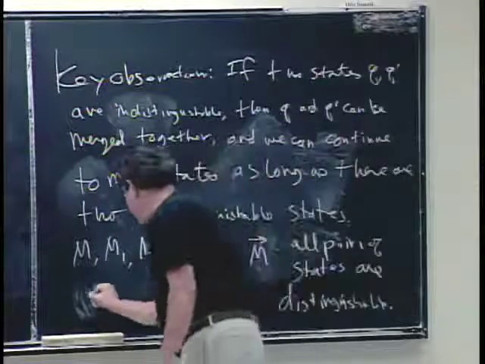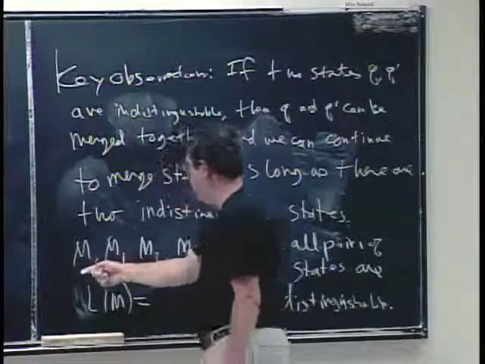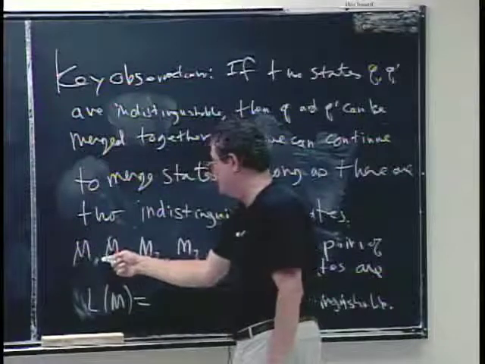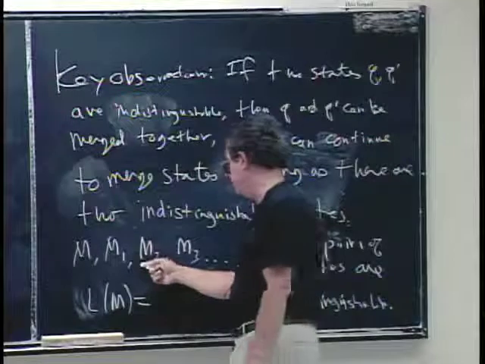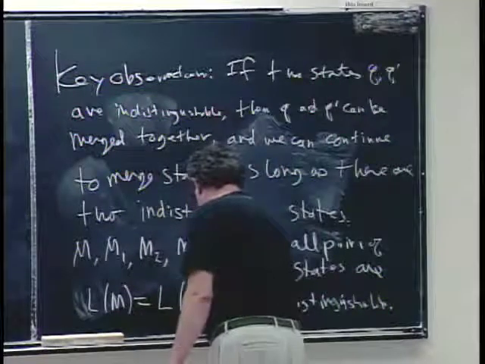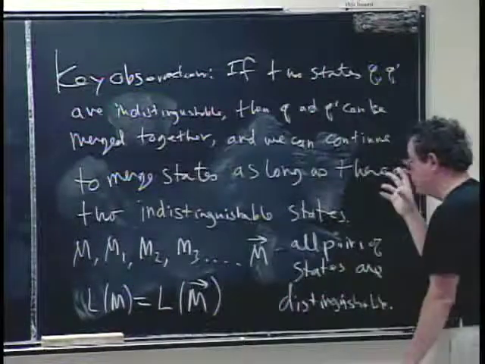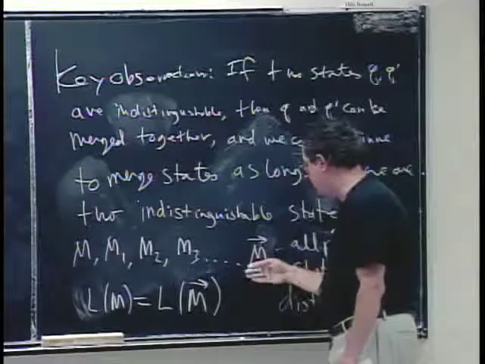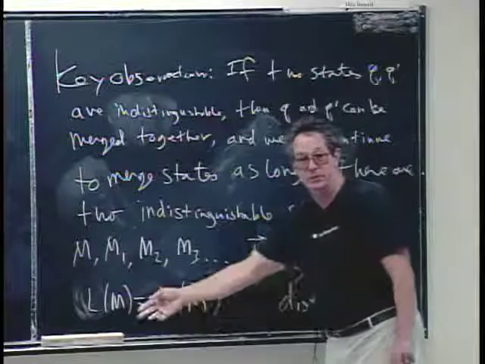Well, the claim that we've already established, if you apply it transitively, is that the language accepted by M is the same as the language accepted by M1, which is the same as the language accepted or recognized by M2, et cetera, all the way down. So we have that conclusion: when you successively do these merges, you end up with a finite state machine, a DFA, that recognizes exactly the same language that you started with.